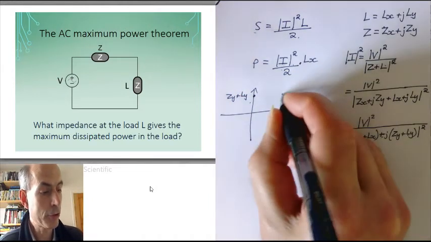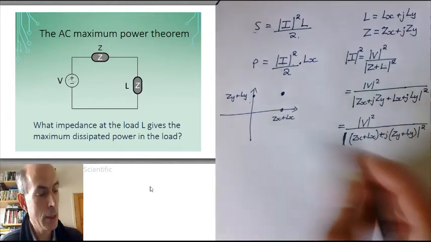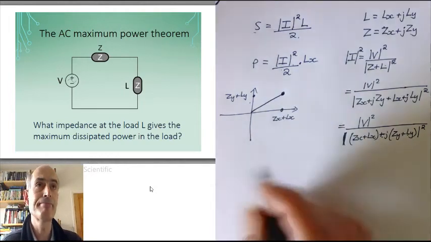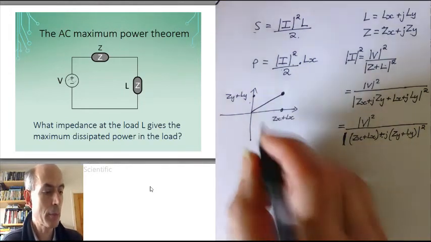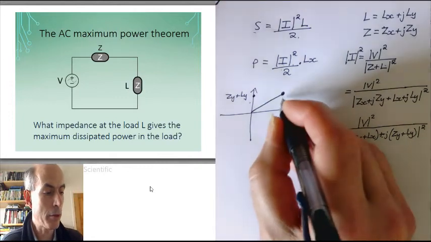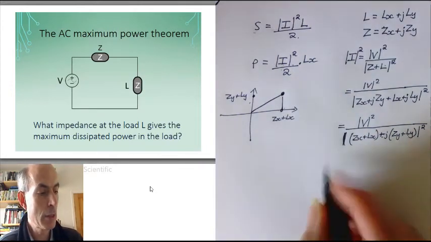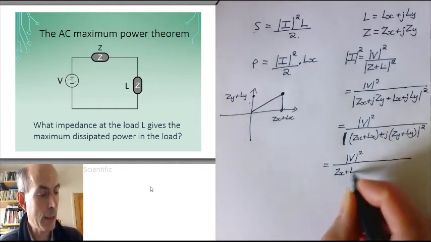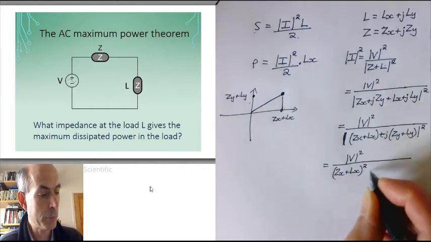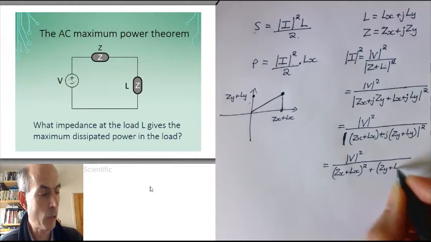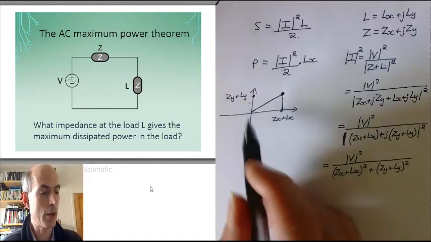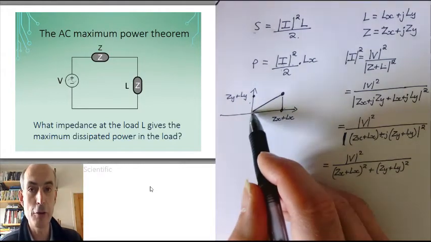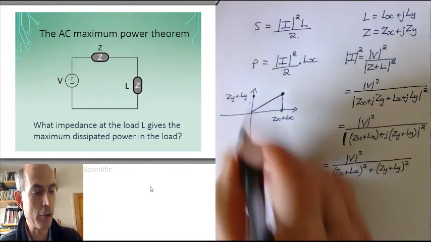So the complex number is going to be somewhere around about there. The modulus of that complex number is the distance it is from the origin, and that just comes from Pythagoras in this right-angled triangle. We could write this as Zx plus Lx squared plus Zy plus Ly squared. That's the square of the modulus of this complex number. It's the square of the distance of that point from the origin.